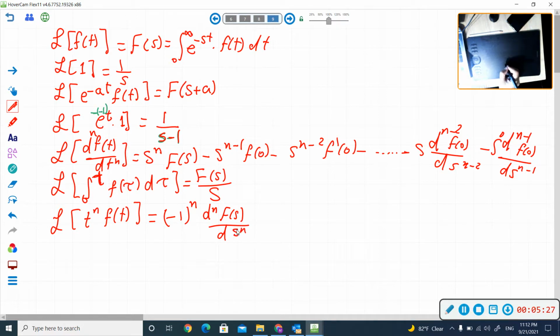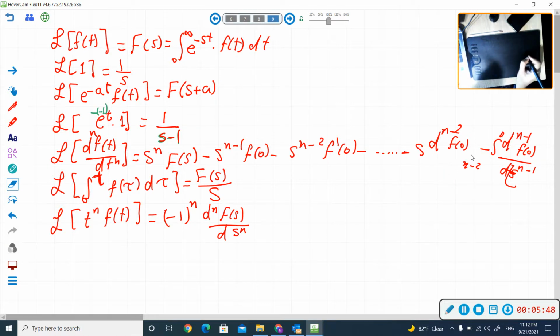Okay, here I have some mistake in this formula. This is t. This is the derivative with respect to t, and that one the derivative with respect to t. Let's erase it.